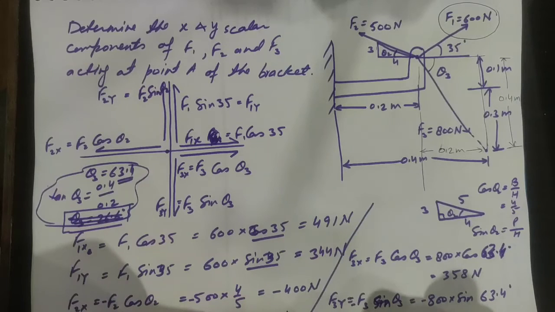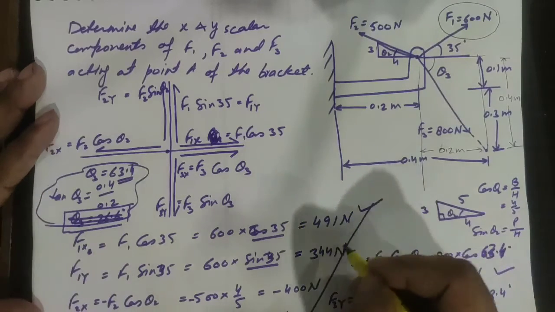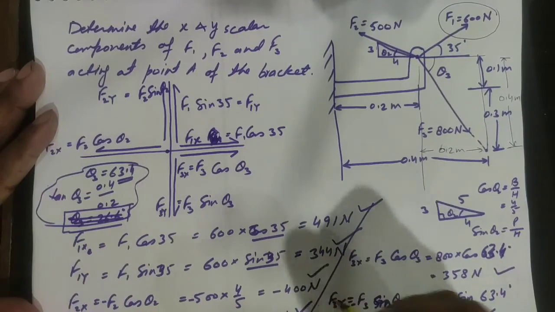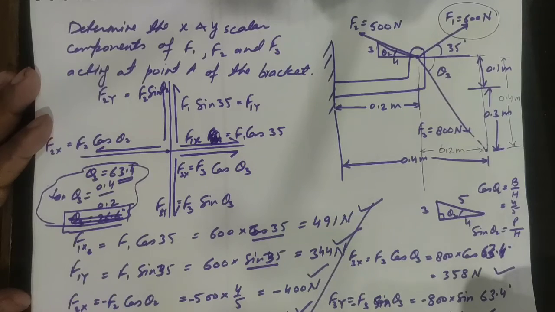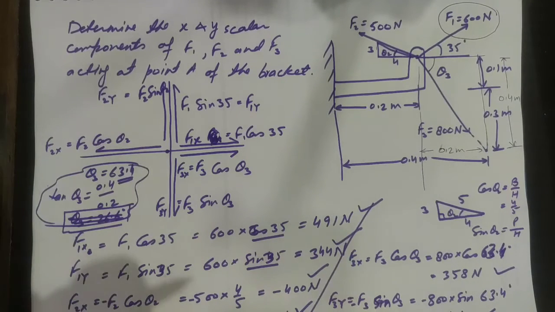So that answer will be minus 716 Newton. These are the components of forces F1, F2 and F3. Like this we can solve.